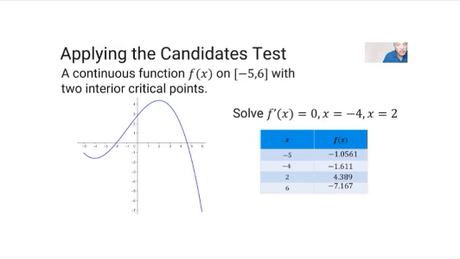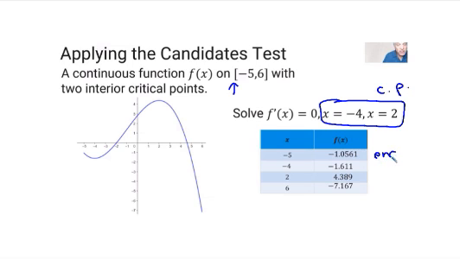So, applying the candidates test, just kind of a quick little idea. All right, a continuous function, f of x on the closed interval, notice we're closed here, -5 to 6, with 2 interior critical points. All right, so if I solve f prime of x equal to 0, I get these 2 critical points, and then I check at the endpoints.